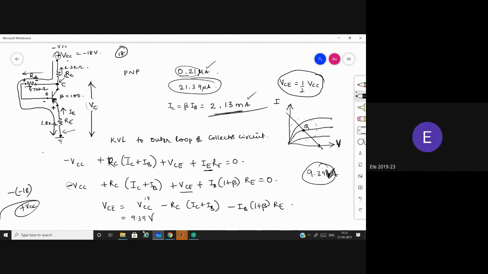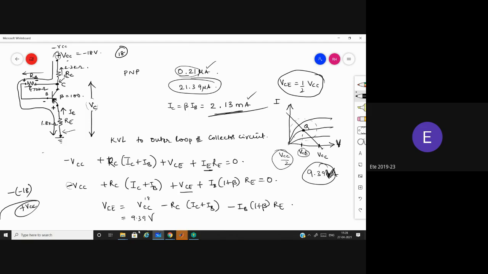See, this is VCC. This is your VCE value. How much is VCE value compared to VCC? VCC by 2, right? That means if you are getting VCE as half of VCC, that indicates the Q point is in active region.